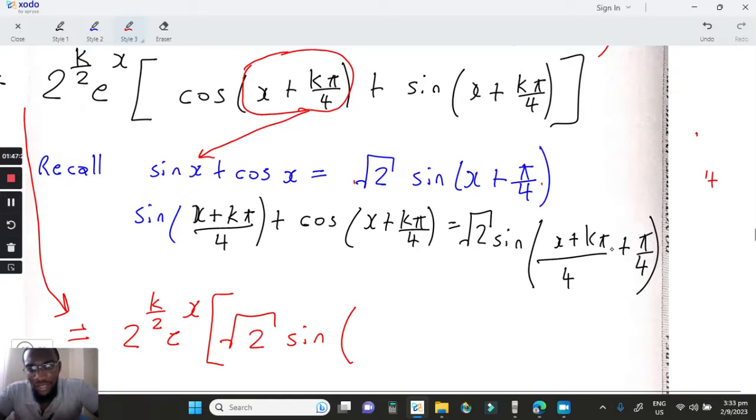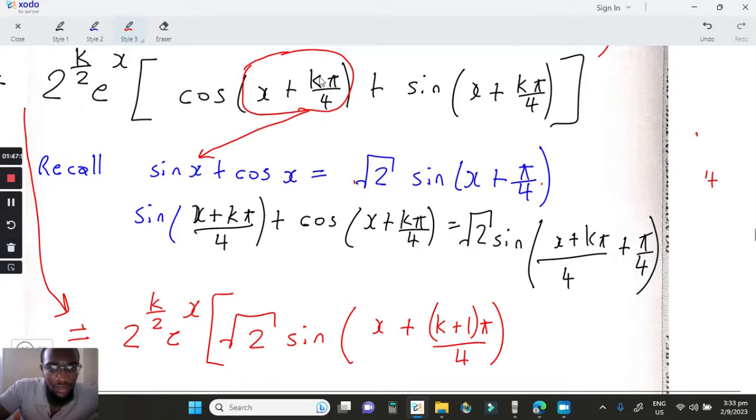And so I can rewrite this by factoring out pi, so I have now x plus (k plus 1) pi over 4. Alright, now I have all of that because remember everywhere x is, I put x plus k pi over 4. Follow what I'm saying?